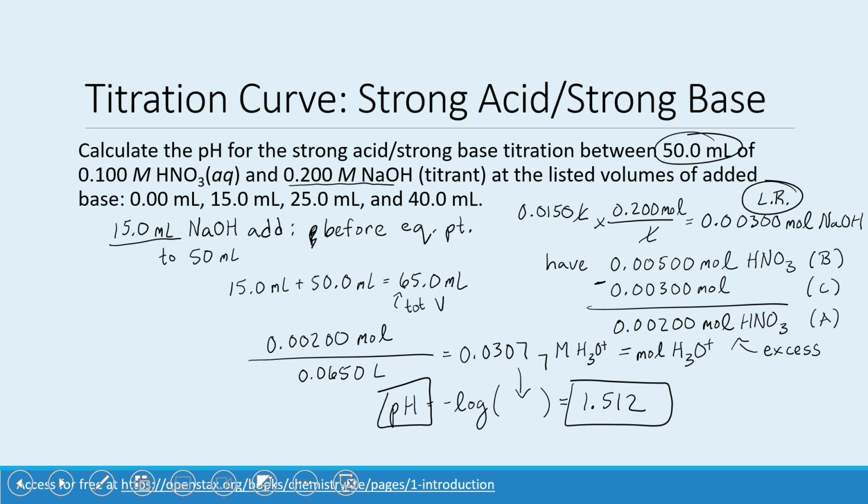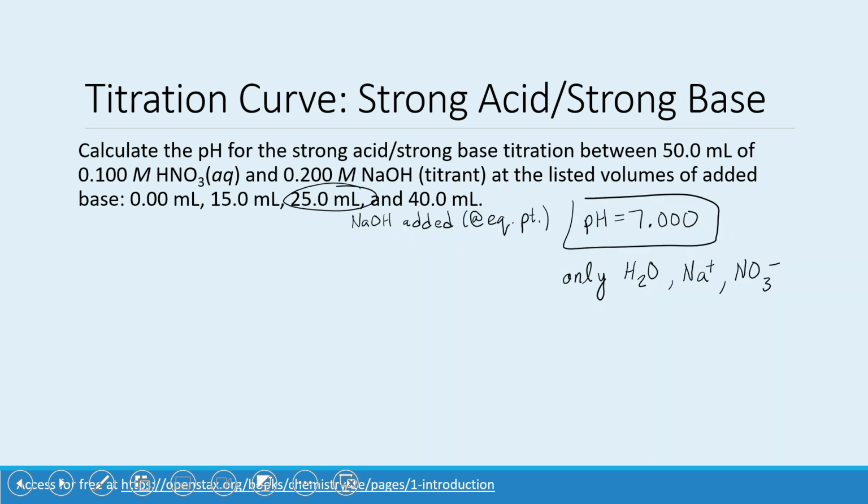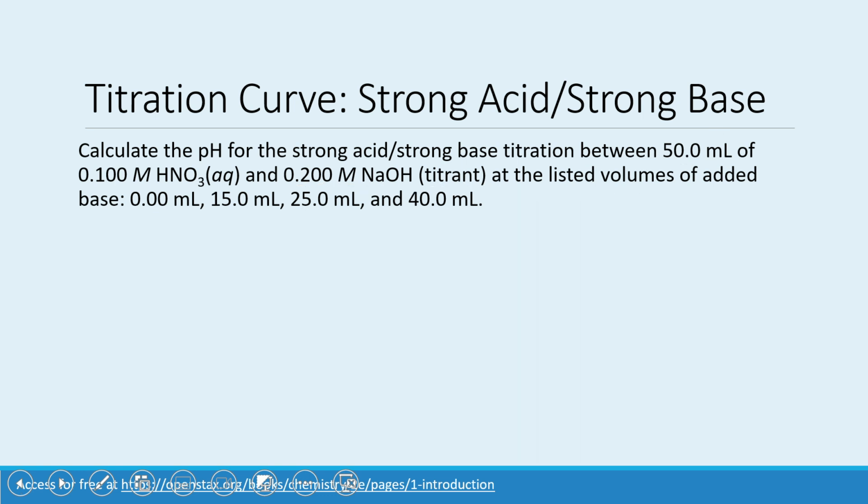So we're going to do something very similar to what we did in the second example, where we create a small BCA table, but instead of subtracting the base from the acid, we'll subtract the acid from the base.